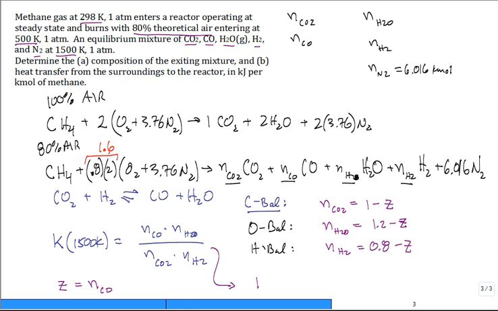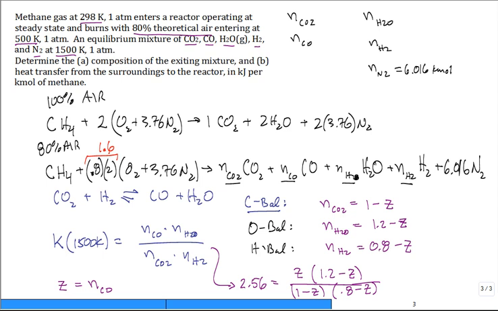And so you'll get that K is equal to Z times 1.2 minus Z divided by 1 minus Z times 0.8 minus Z. And we look up K, 2.56.